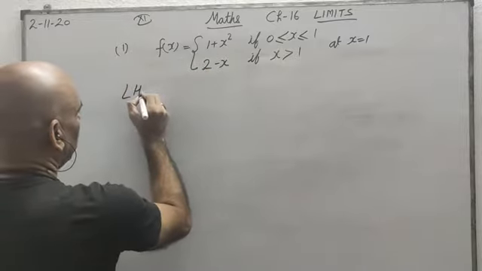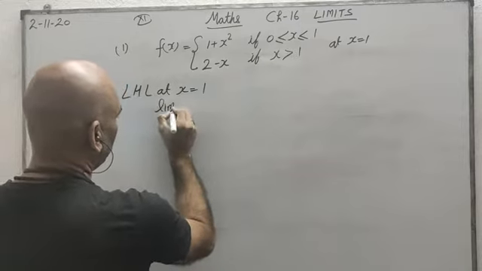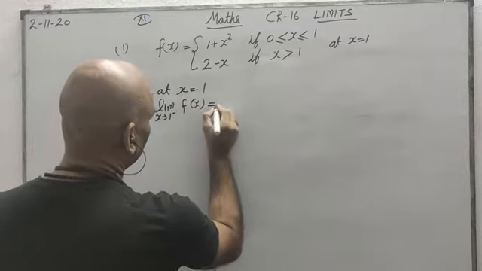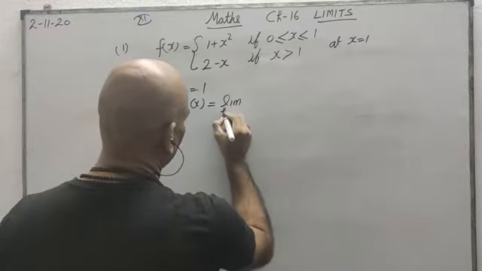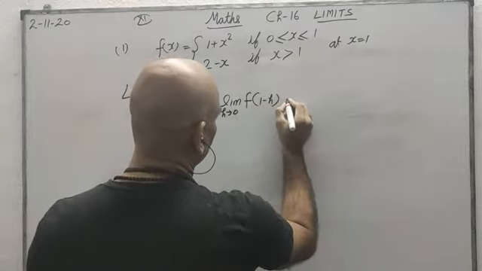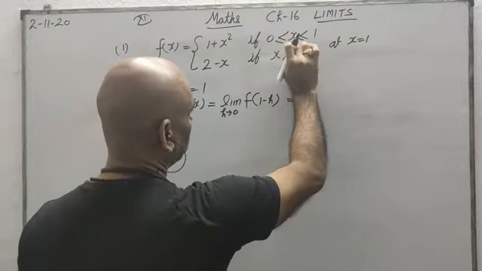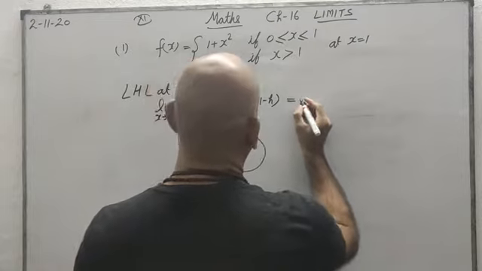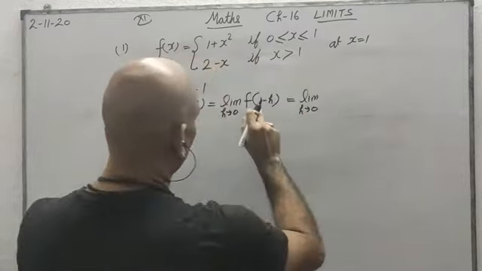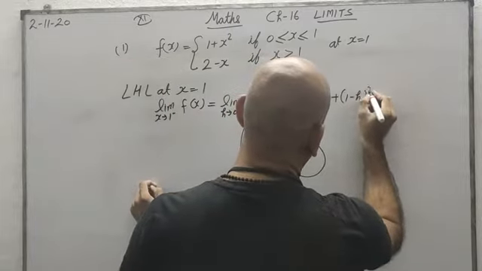So LHL at x is equal to 1 will give us limit x tends to 1 minus f(x), that is limit h tends to 0 f(1 minus h). So at 1 minus h, it is smaller than 1. So when x is smaller than 1, we will use this function. So in this, substitute x as 1 minus h. 1 plus (1 minus h) whole square.